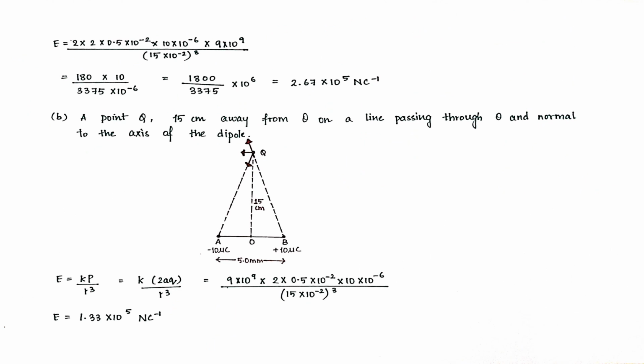So we will see here, it is 2 into 2 into 0.5, that is the length of dipole. This is the magnitude of charge, and this is the value of constant K.